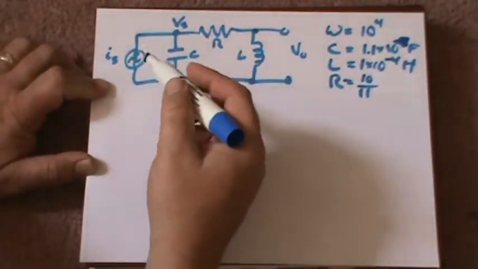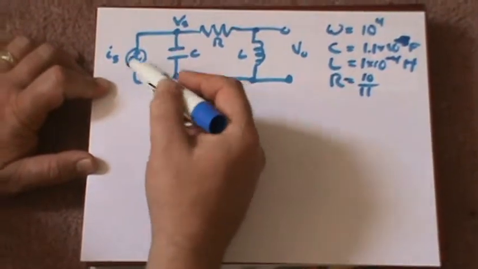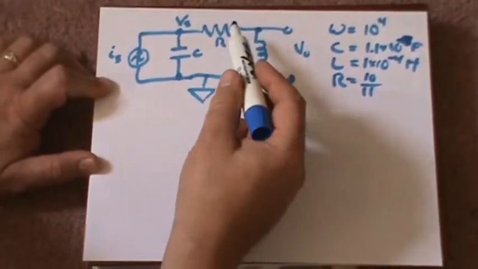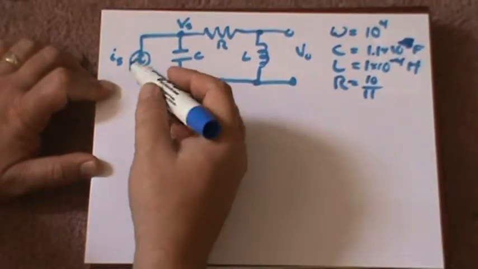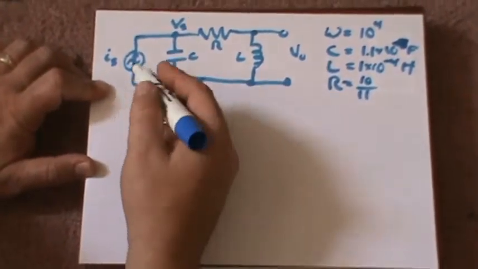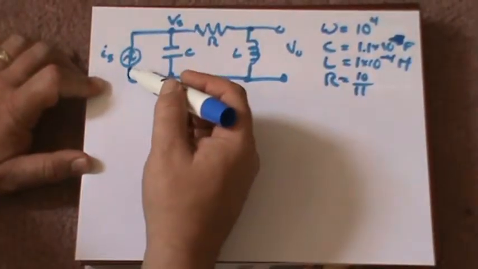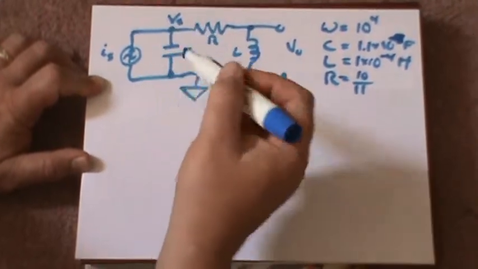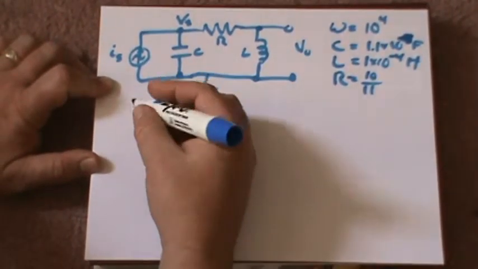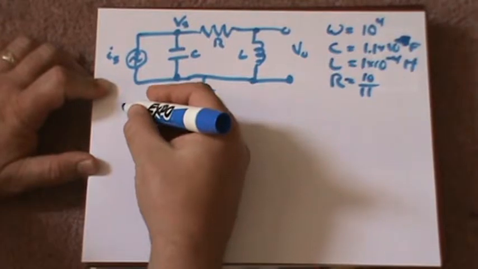I can also say that same rule as, whatever is coming in has to equal what's going out. So influx must equal outgo.